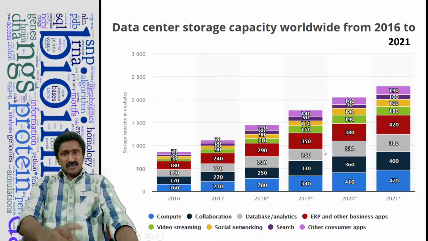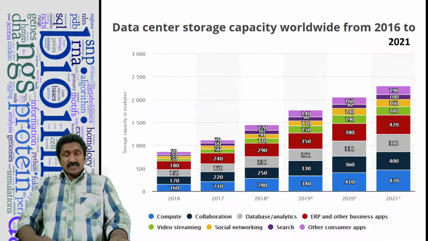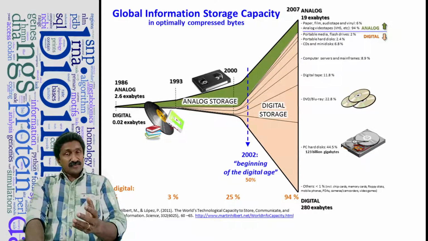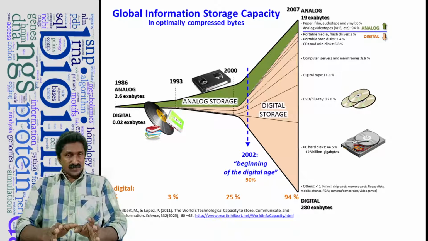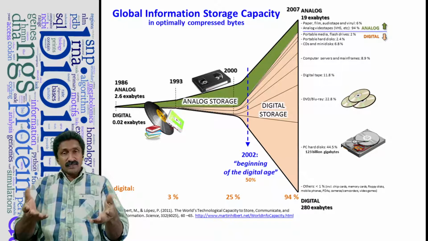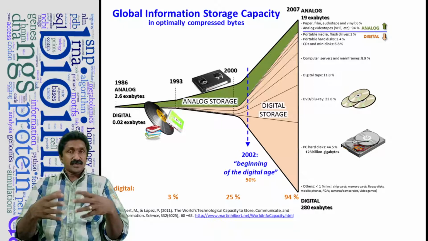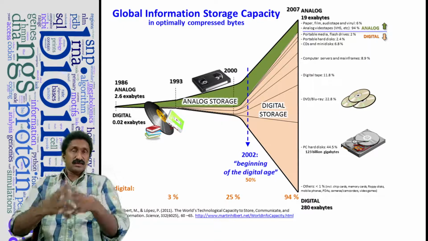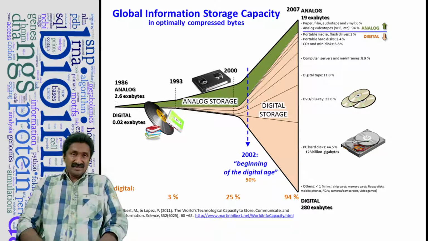Now, when we come to the recent or current years, you can see that this previous graph shows the entire storage capacity. At that time, digital storage devices were maybe not that popular, and people were not saving that much compared to this digital era or mobile era.